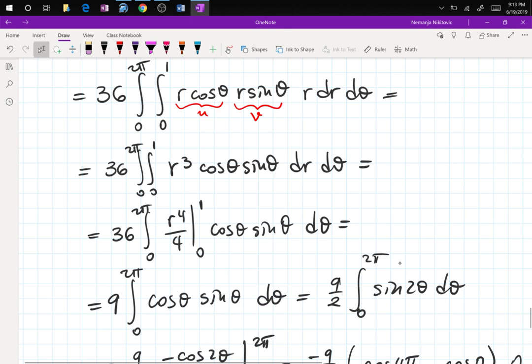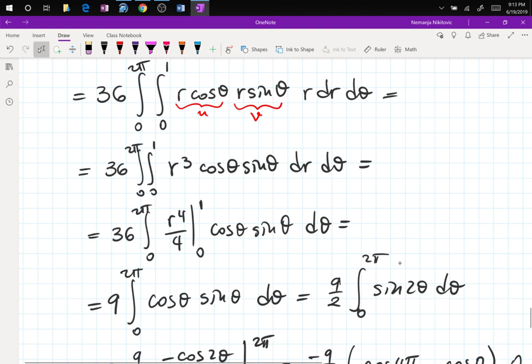Because we transform this into a unit circle, and your u and v are a new x and y, and then you transform all of those into polar coordinates. So your u is x, so it should be r cosine, and then v is y, which is r sine, good. And then the Jacobian for the polar, r dr d theta, that's 3r, so r cubed times cosine times sine. 36 doesn't matter, it's just a coefficient.